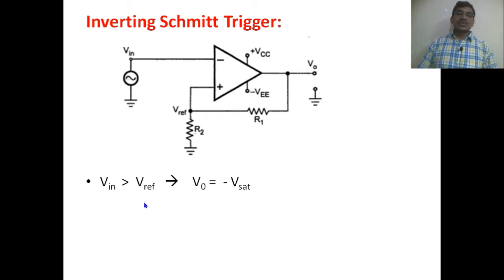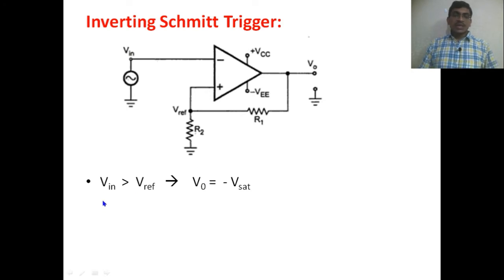So, when VIN is greater than V reference, the output voltage V0 is equal to minus V saturation. We already know the comparator output is always in saturation, but whether it is plus V saturation or minus V saturation is decided by the input voltage.